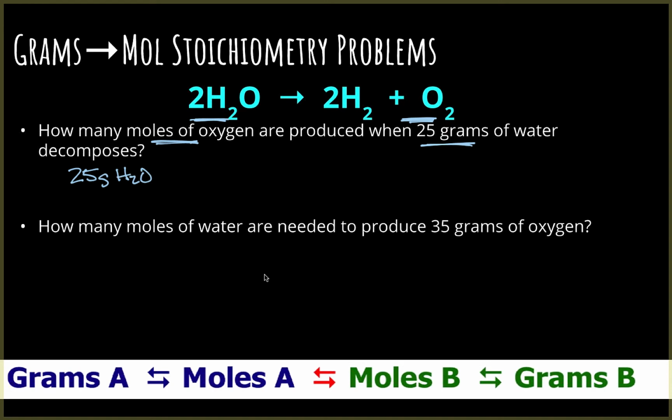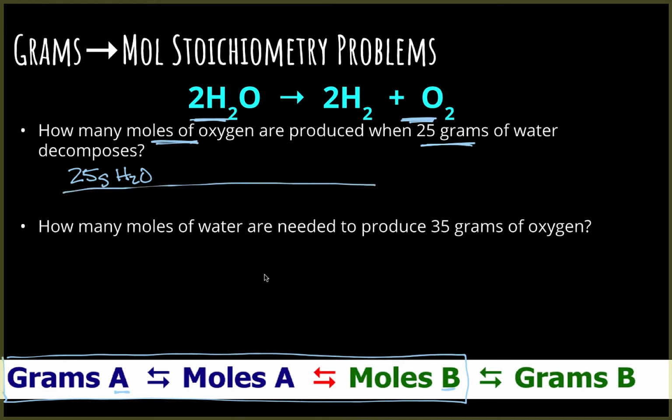I'm going to go down to my pathway at the bottom so I can kind of see where I'm going with this. So I'm starting with grams, stopping at moles of something else. So in this case, A is water and B is oxygen. So first step is to get from grams of A to moles of A. So like we said before, to get from grams to moles, we're always going to use that molar mass from the periodic table.